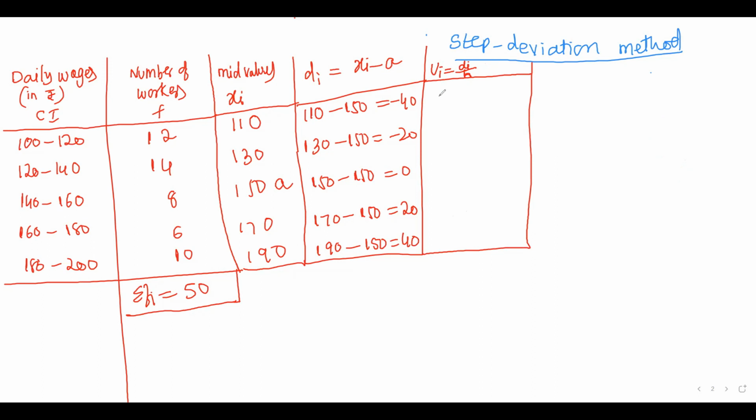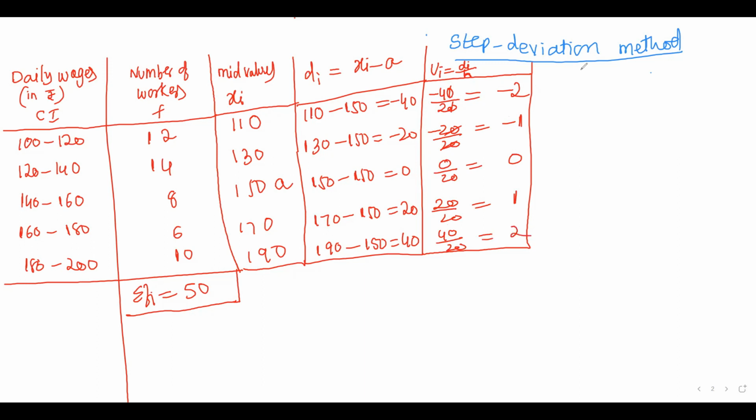So what is the ui formula? Di by h. Minus 40, h is 20. So 0 cancel, minus 2. Minus 20 by 20 cancel, minus 1. 0 by 20 is 0. 20 by 20 is equal to 1. 40 by 20 is equal to 2.